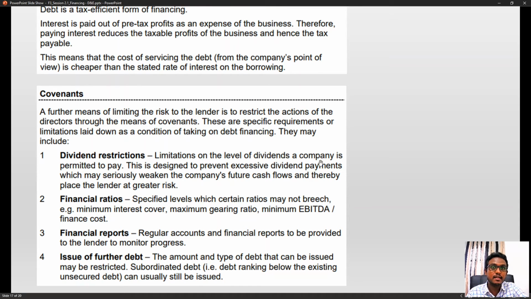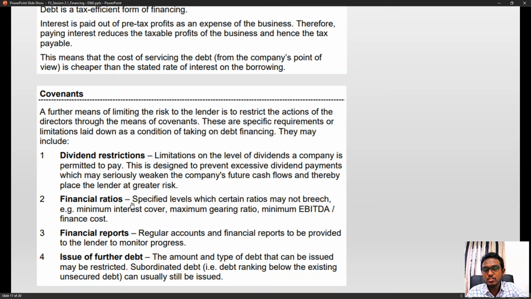Limitations on the level of dividends a company is permitted to pay. The bank, if they perceive you to be high risk, if they have concerns about the interest commitment, will want to establish covenants before they give out a loan. It is designed to prevent excessive dividend payments which may seriously weaken the company's future cash flows and thereby place the lender at greater risk.